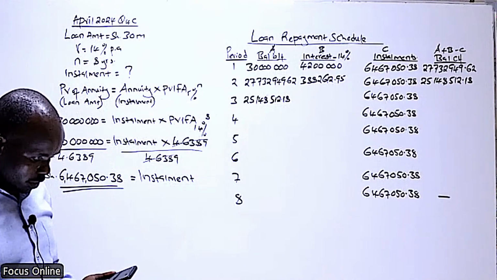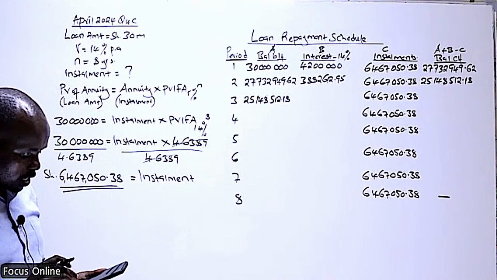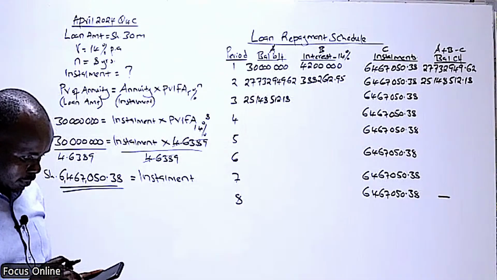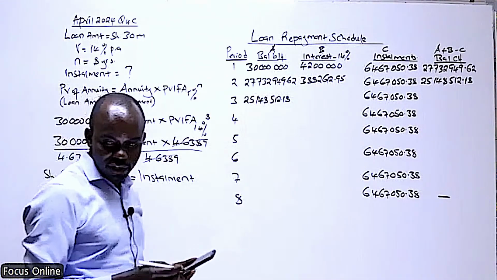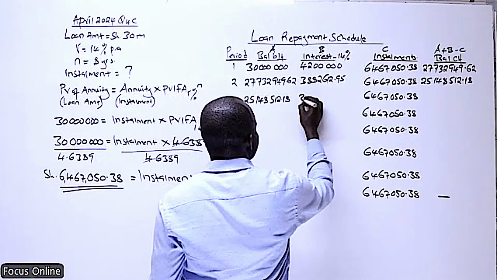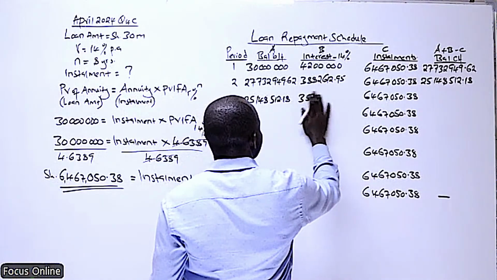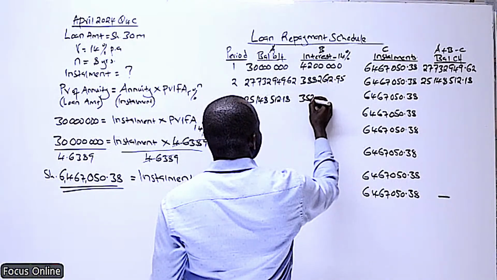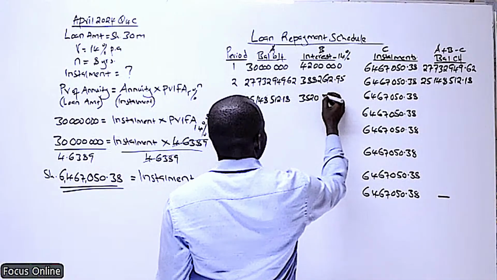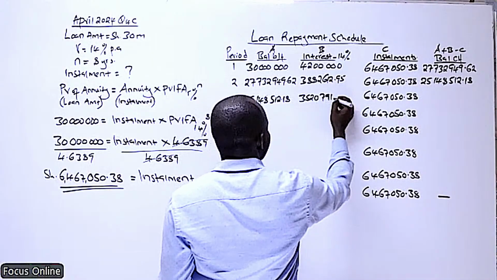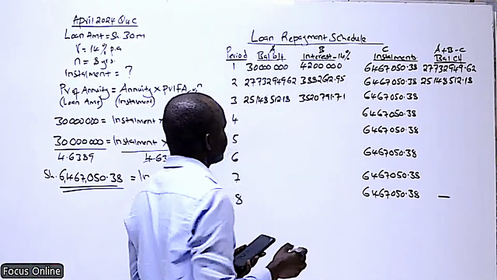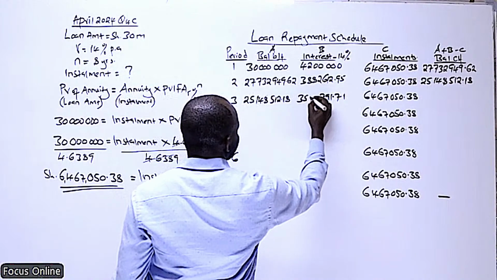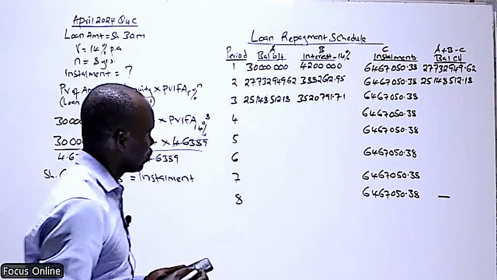We charge interest on that balance brought forward, which is 3,520,791.71. The interest charged is 3,520,791.71.